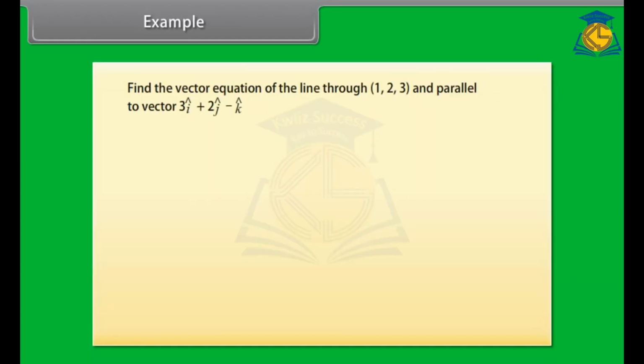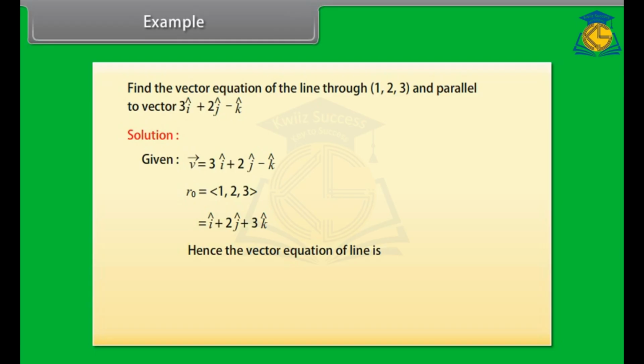Example. Find the vector equation of the line through (1, 2, 3) and parallel to the vector 3i cap plus 2j cap minus k cap. Solution. Given vector v equals 3i plus 2j minus k. r0 equals (1, 2, 3) equals i plus 2j plus 3k.